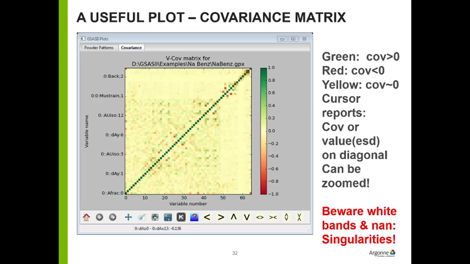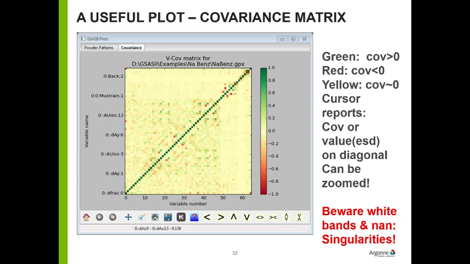The diagonal, when you look at it in detail, is simply the standard deviation of each of the parameters based on the least squares. It's square, actually. And so you can zoom in on this and look at the details of it. And you see up here, these are background parameters, and there's always a high correlation there between pairs of background parameters.